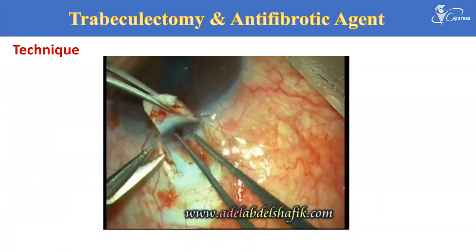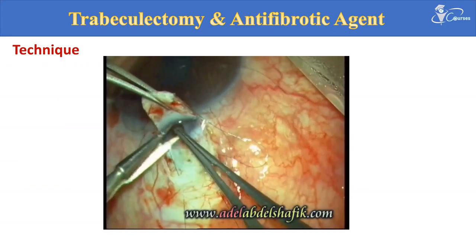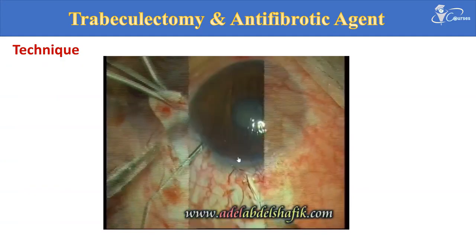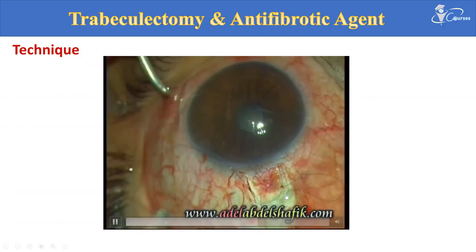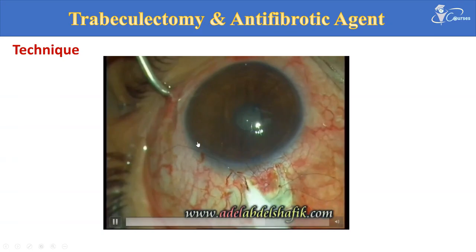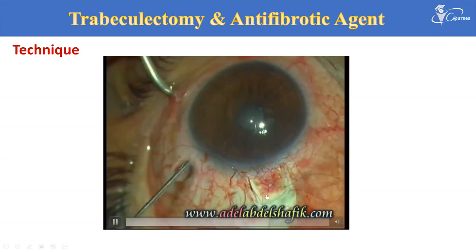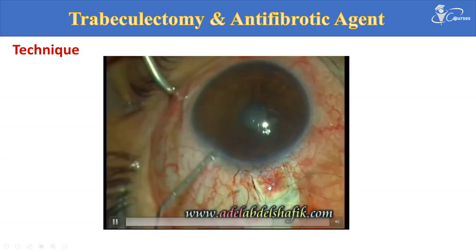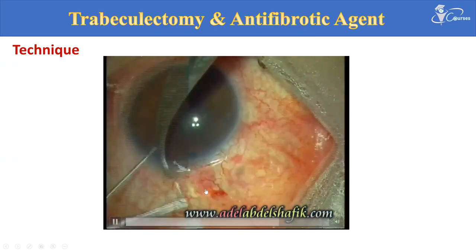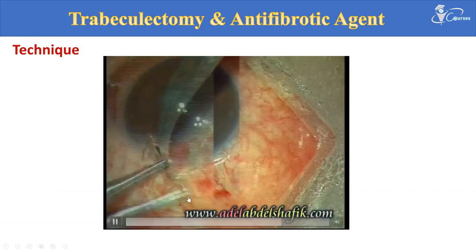Then we pull the iris and make a peripheral iridectomy. Then closing the scleral flap. So here we are making the paracentesis to check the patency of the flap, and it was patent. There is drainage of the aqueous. So closing the scleral flap, then closing of the conjunctiva.